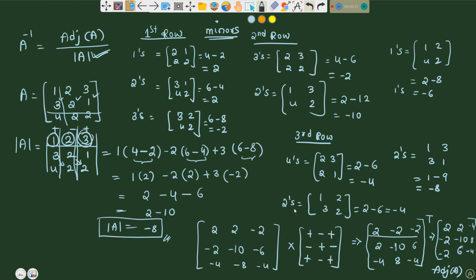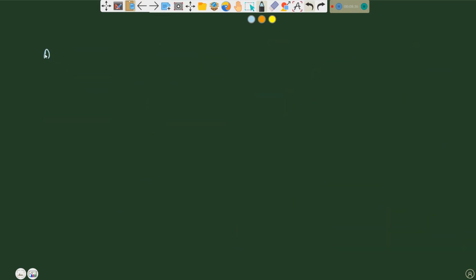Now what is the formula for the last thing, A inverse? To find A inverse, what you have to do? Let me do that in the next page. So A inverse is equal to what? It is adjoint of A divided by determinant of A, correct?